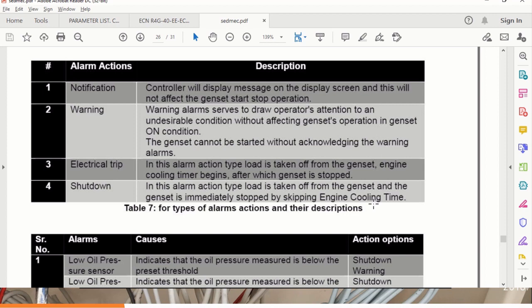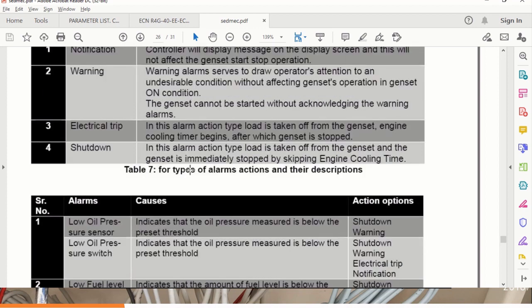Even 5 or 10 seconds running with low oil is dangerous for the engine life. That's why load has to be thrown off immediately and the engine has to be shut down. So these fail classes from 1 to 4 have to be selected based on the severity of the alarm.